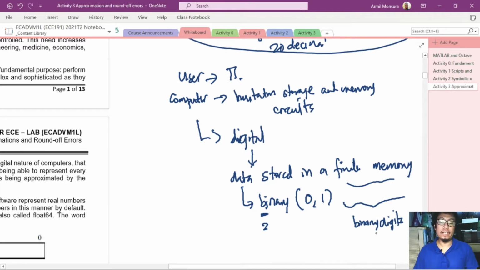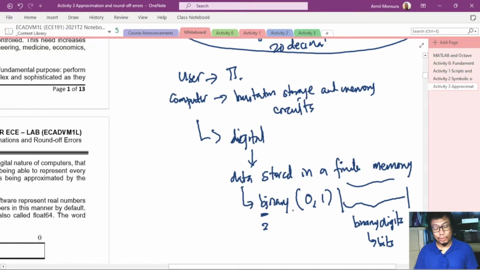Even if your data is, say for example, a decimal number, that gets converted into another number which uses the binary system, and there's a limited number of binary digits, or what we call bits. There's a limited number of bits that you can actually use to do that. So it also means that computers should be approximating some of your numbers also because of this limitation.